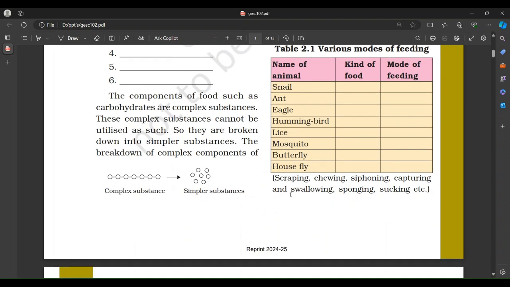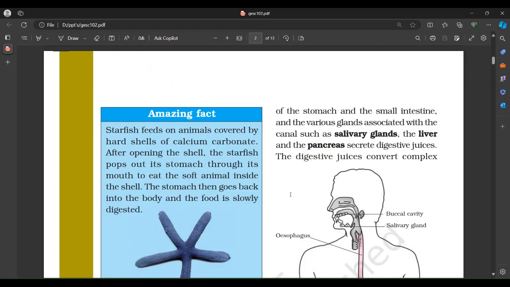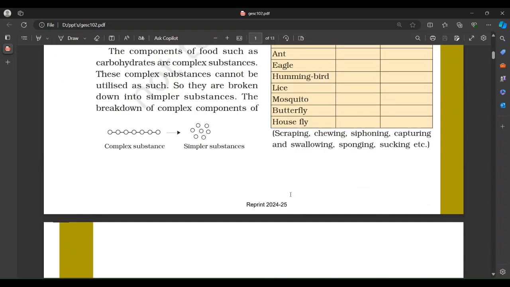Here you can see the diagram they have given. This is the complex form of the food, and this is the simple form of the food. For example, here is one apple in whole form.